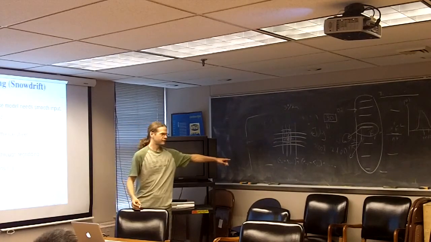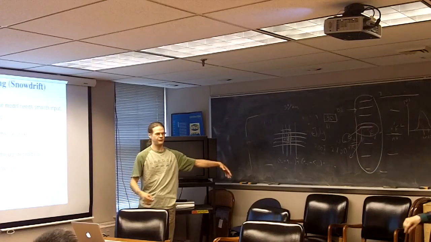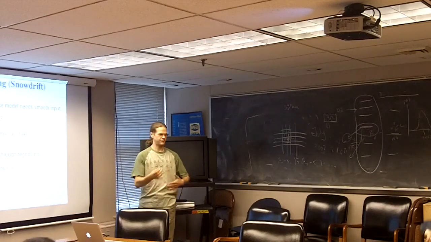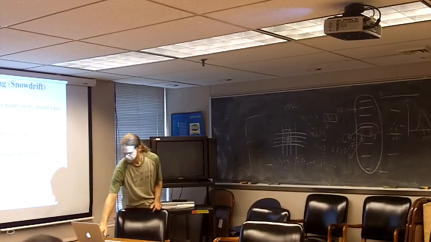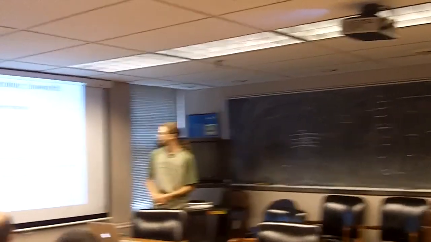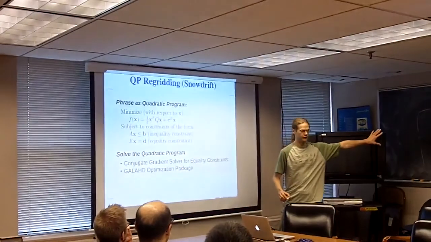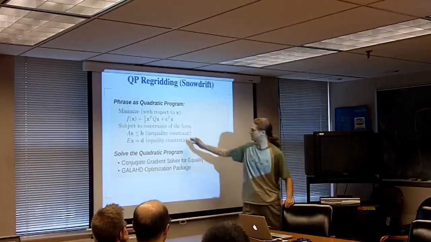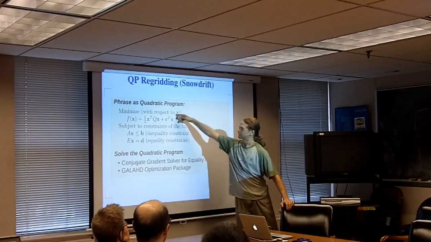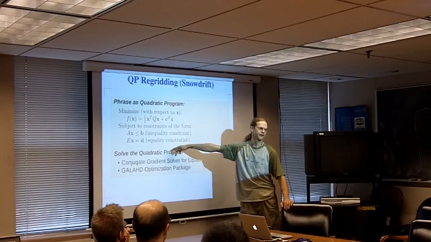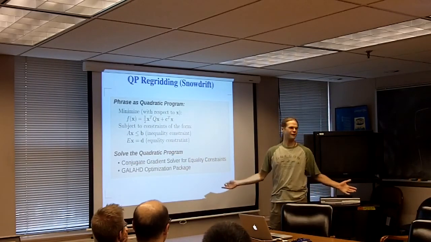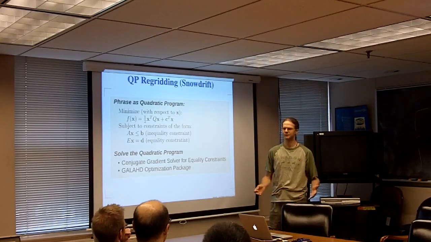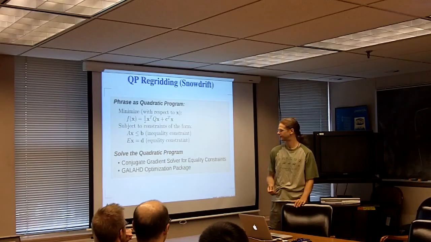The problem I've sketched out here conforms to this kind of mathematical form, and so then we just have to solve the quadratic program, and people have committed their entire careers to solving quadratic programs.